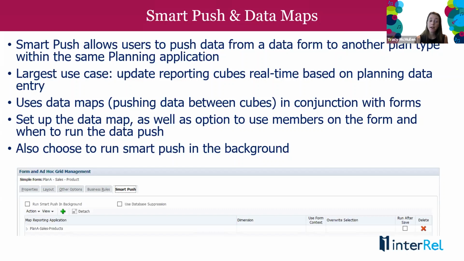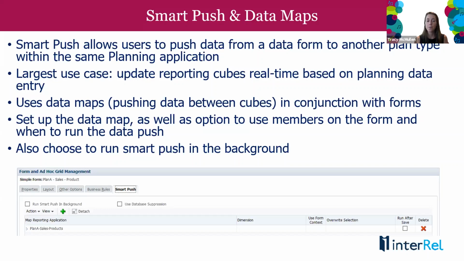What will happen behind the scenes is the data map will execute for the specific member, for the specific set of data that the user updated. The feature is called Smart Push, and it's leveraging data maps.